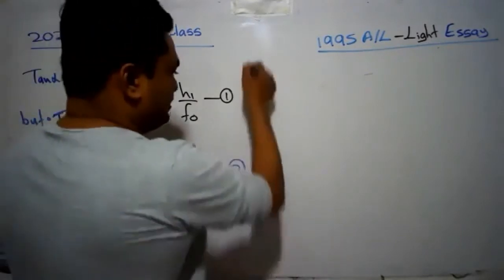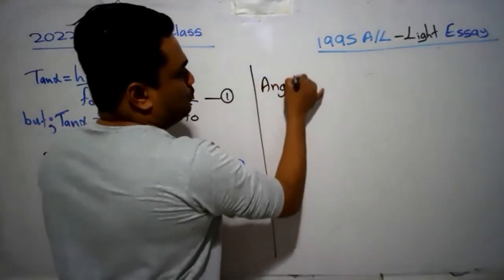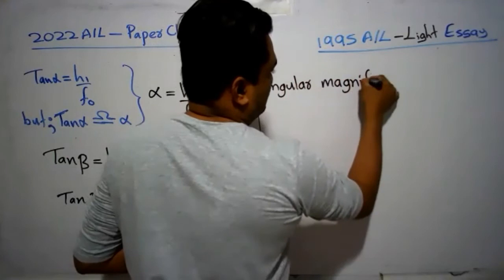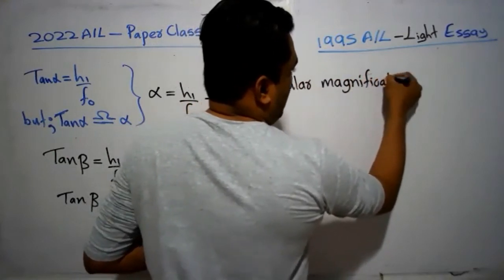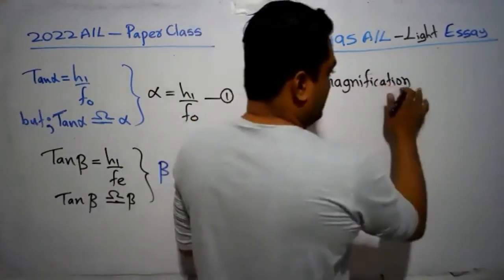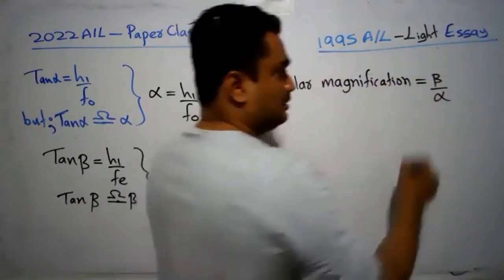Right, so what is the angular magnification? Angular magnification of the telescope when it is in normal adjustment equals beta divided by alpha.